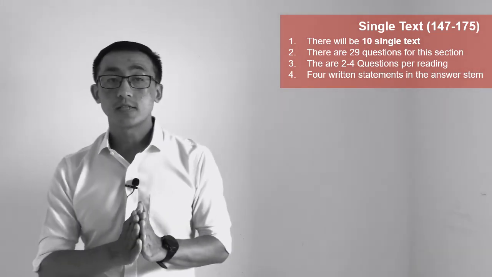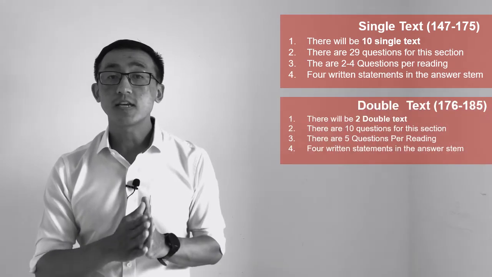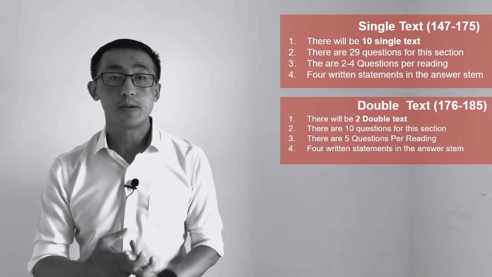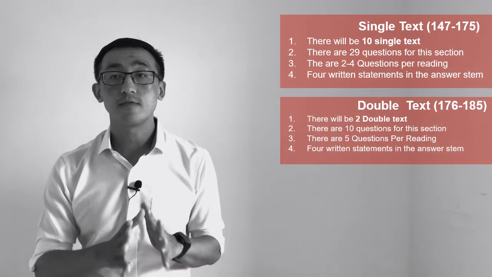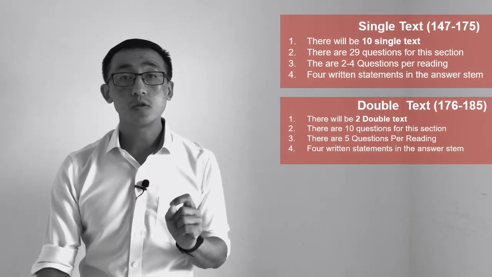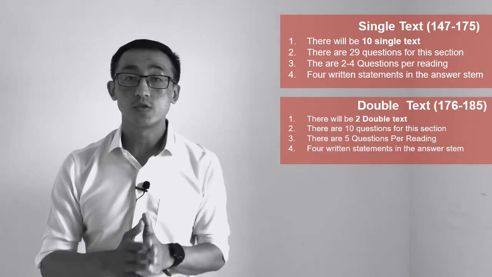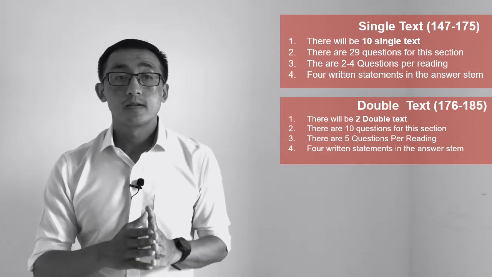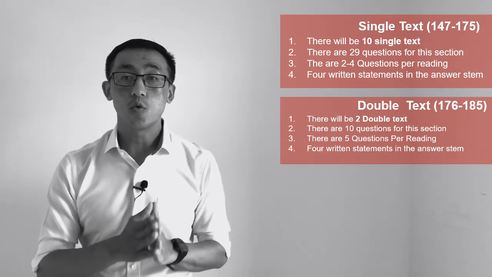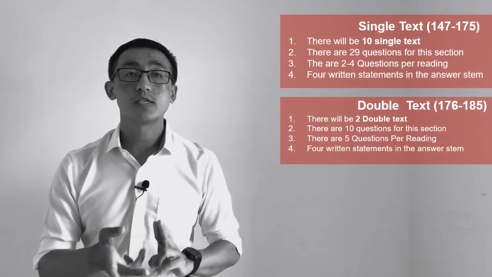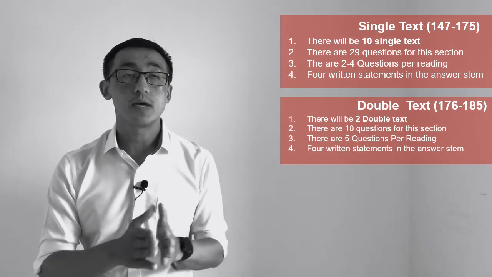In the double passages, that is in the second section, you read 2 pairs of passages, each with a set of 5 questions that apply to both passages in the pair. This means you will have 10 questions to answer. Double passages have comprehension questions that are based on 2 separate but related passages.